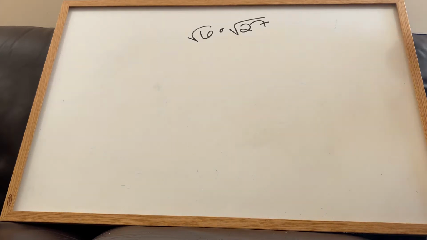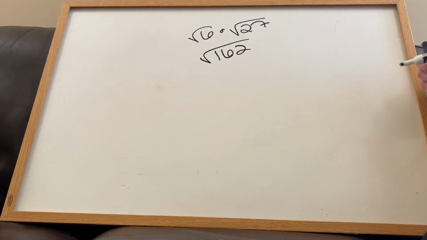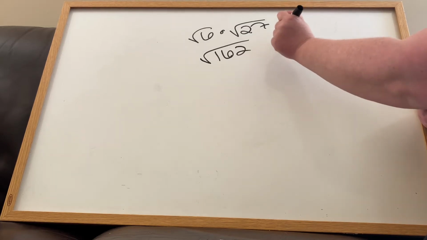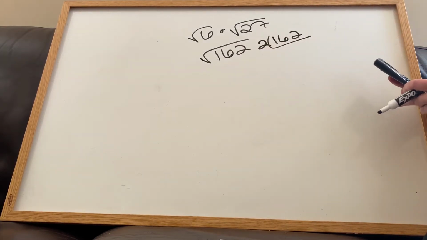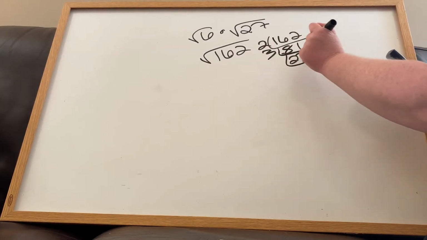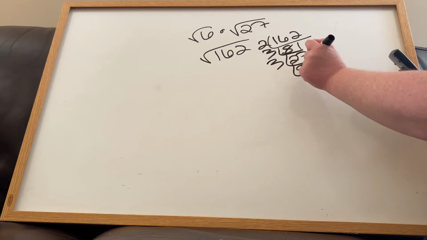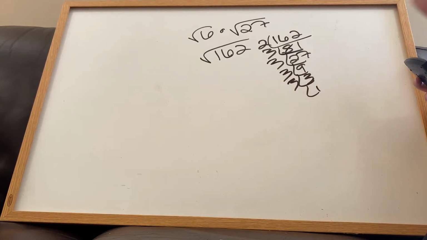You want to multiply 6 and 27, so then you're looking at the square root of 162, and then you'll break 162. So you've got 2, you get 81, 3, 27, 3, 9, 3, 3, 3, 1. So same thing, you're still looking for pairs.